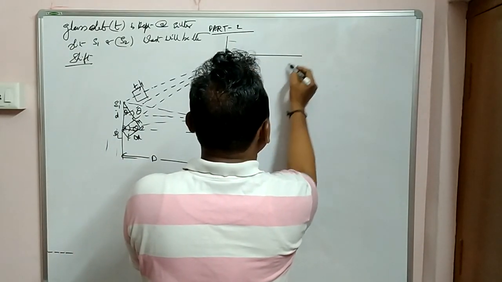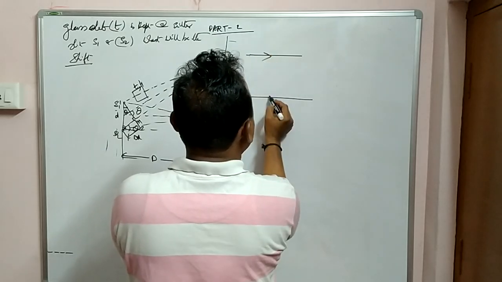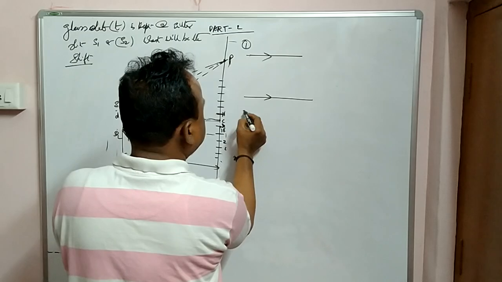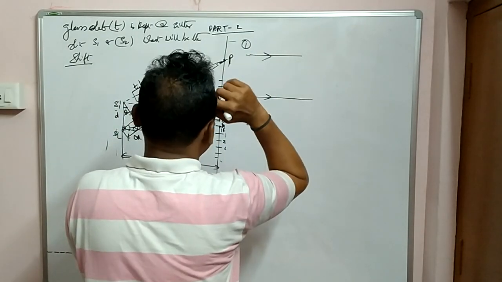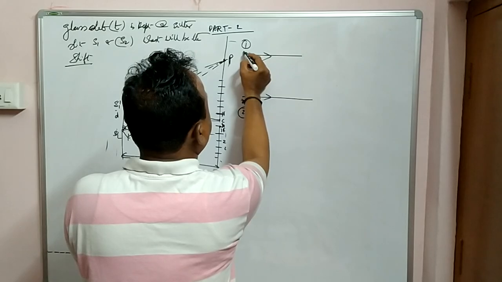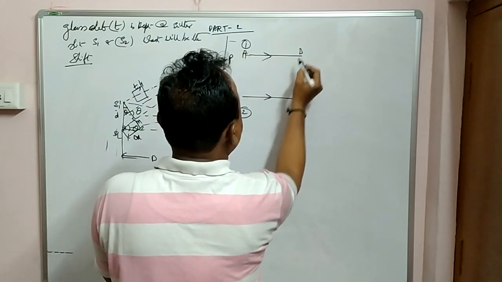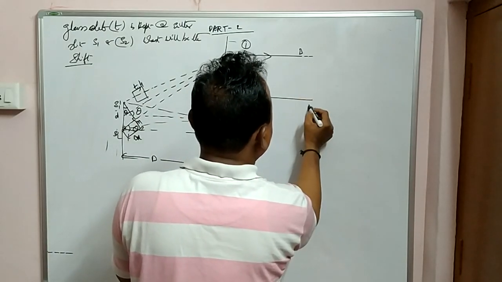For example, let's take two light waves. This is one light wave, this is another. We'll name them AB and CD.